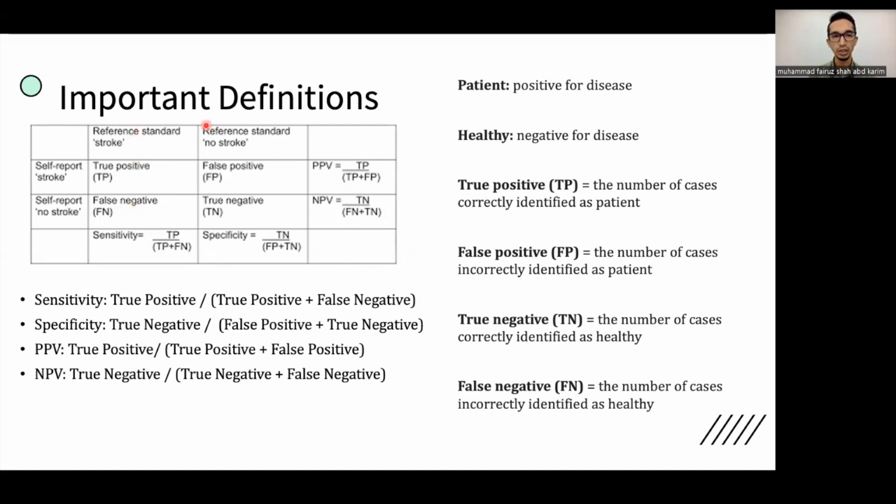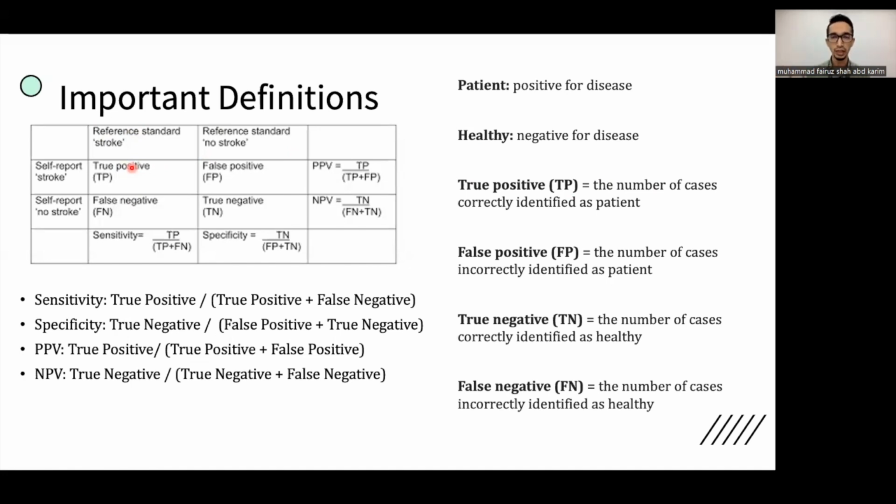The healthy patients belong to this column. They don't have the disease. They are the healthy population. True positive is the number of cases correctly identified as patients. Again, we are repeating ourselves: they tested positive and they do have the disease, that is called true positive. The test is telling you accurately that this patient has the disease or the cancer.